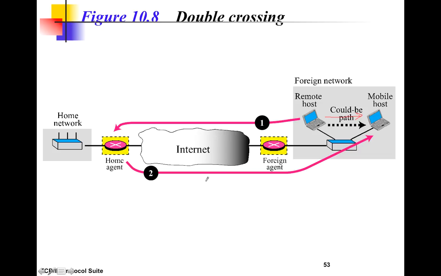And so the data is traveling double the distance, and that's why this is called double crossing. Remember, in double crossing, remote host and mobile host are both in the same network. This is important. They are in the same network.